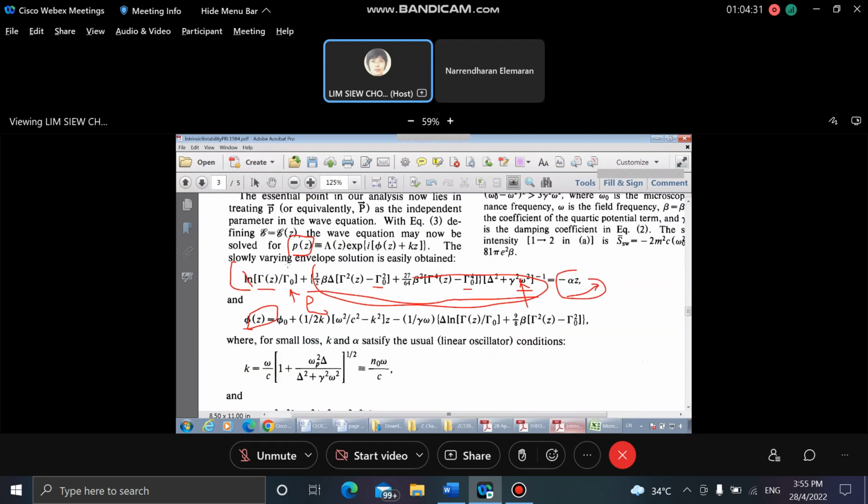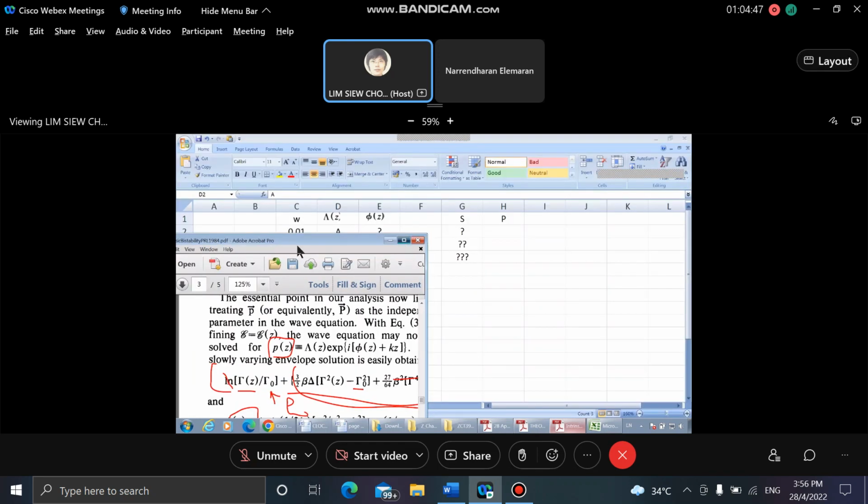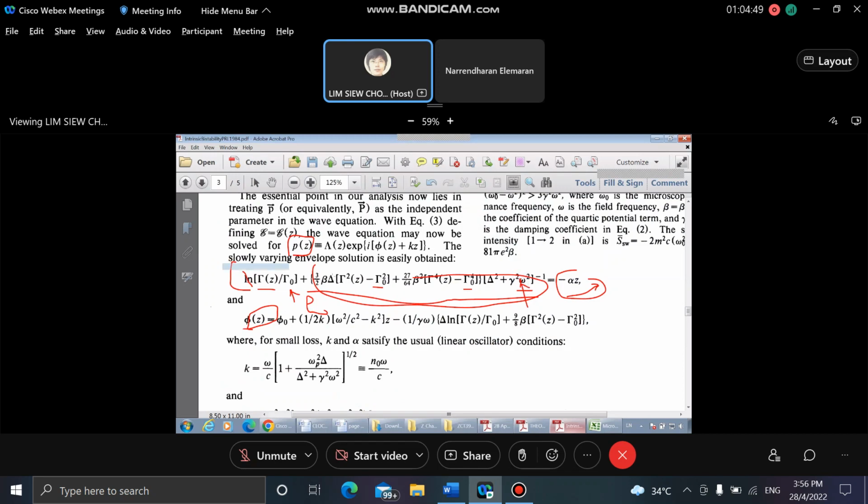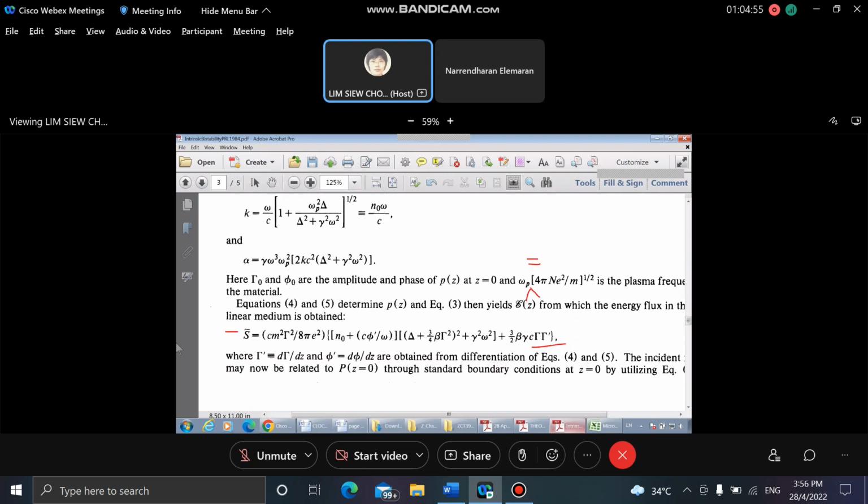Mainly you have to set the value of all these constants, and the important one is omega. Once you solve this, then you can further solve this, and further solve this, according to this and this.